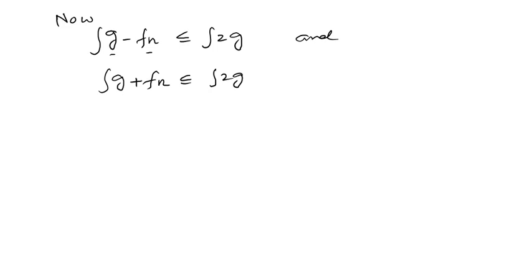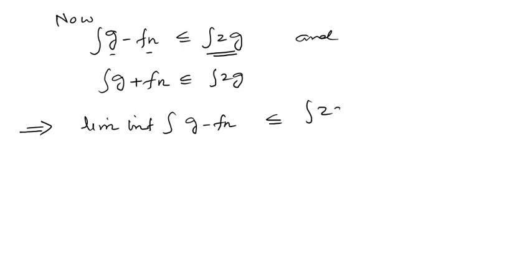Now let's see the limit inferior of the integral of g minus fn. It's less than or equal to the limit inferior of this thing, but this thing is independent of the limit, so it's less than or equal to the integral of 2g, which is finite.